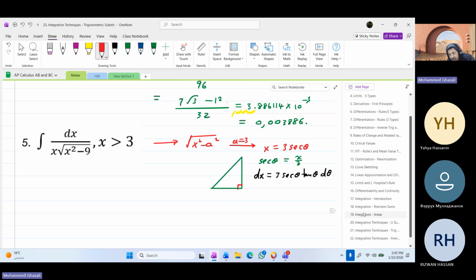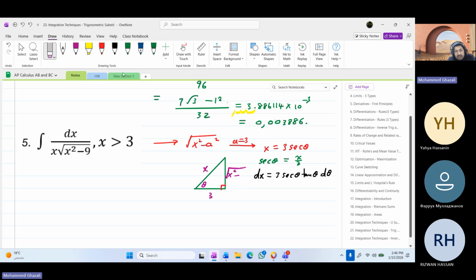That's why we say you need to learn the integration techniques to master integration, all right? So there's theta here. Sec is hypotenuse over adjacent. So hypotenuse is x, adjacent is 3. So the square root form does appear in the integral because the opposite will be the hypotenuse squared minus the adjacent squared. So that will become x squared minus 3 squared, which is x squared minus 9.